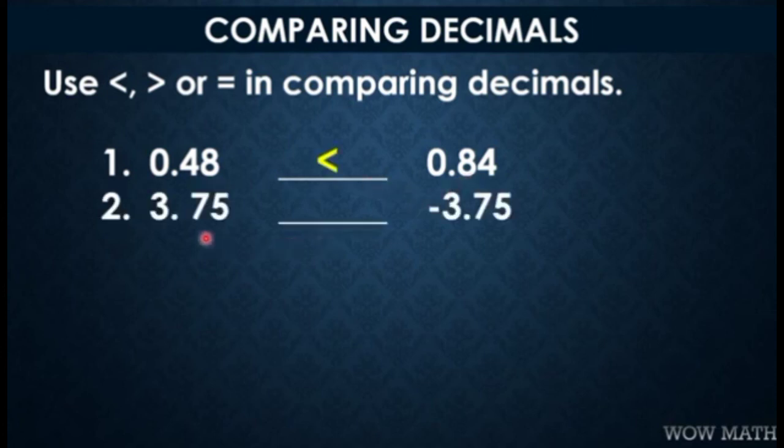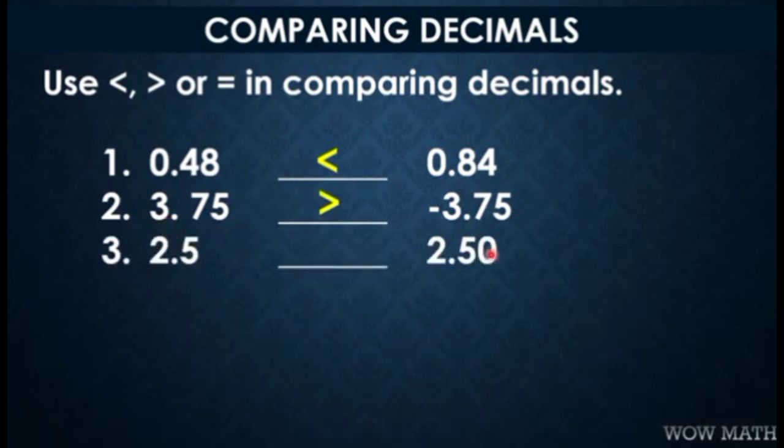Another. So, it's very obvious. Pag nakita na kagad natin that the other decimal is a negative number, there is a negative sign, automatic, mas mataas na kagad yung ating positive. Okay? Next, I have 2.5 and 2.50.